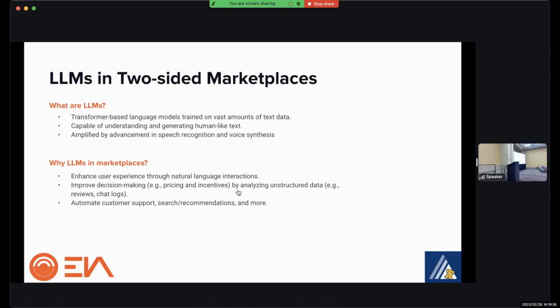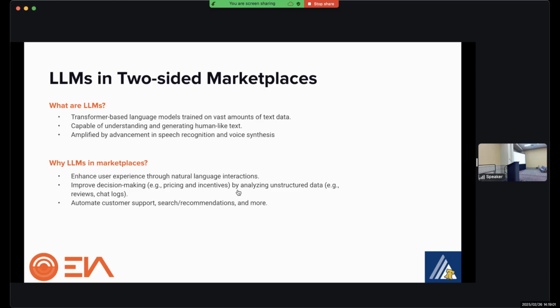So what are large language models? We have seen large language models in media, in the news a lot. They are transformer-based language models trained on a lot of text data collected from the internet, from everything that we have generated in the textual form.